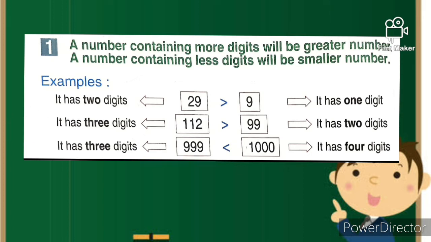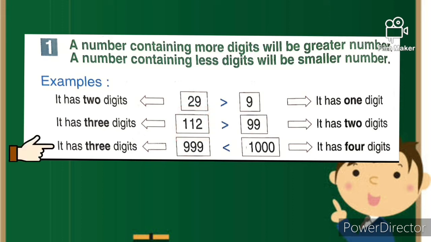It is 112 and the other number is 99. In 112 we have 3 digits whereas in 99 we have only 2 digits. So in this example 112 is the greater number and 99 is the smaller number.